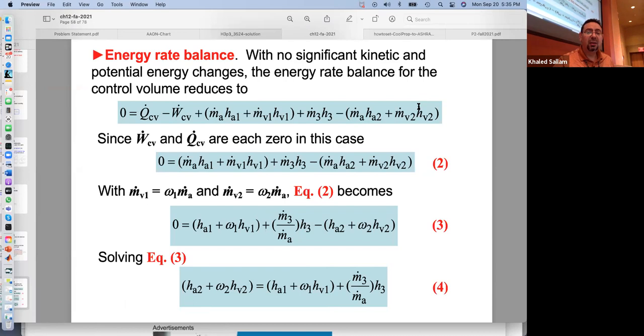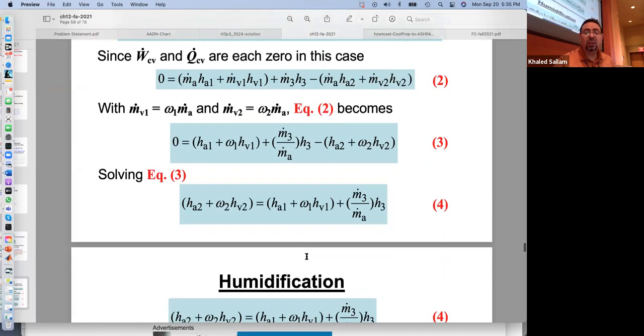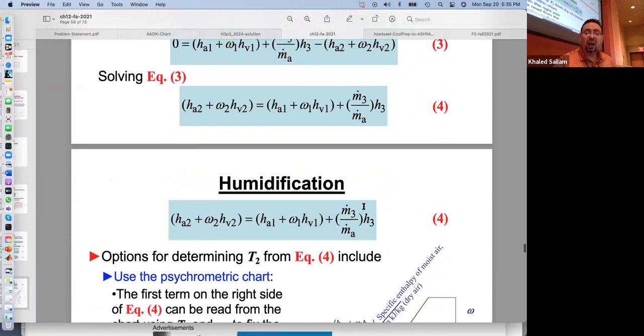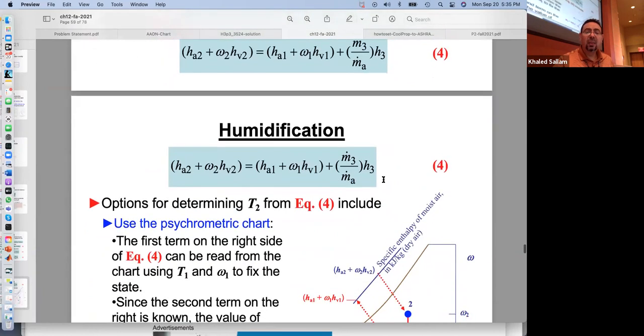Okay? All right, so just rearranging this so that we can put our hand on H3, you'll get it like this. And it's very clear that T2, which is controlling this term, T2 is controlled by H3.